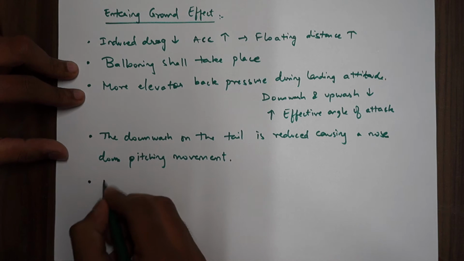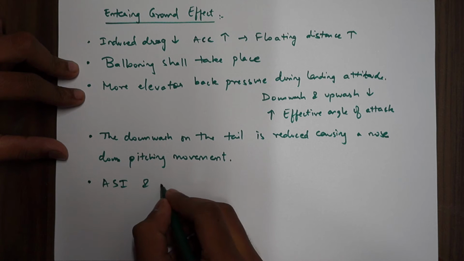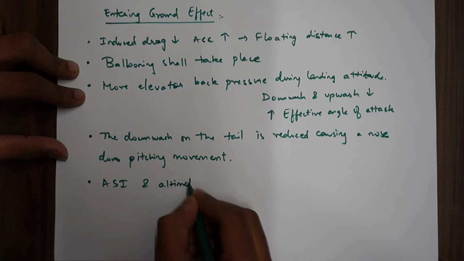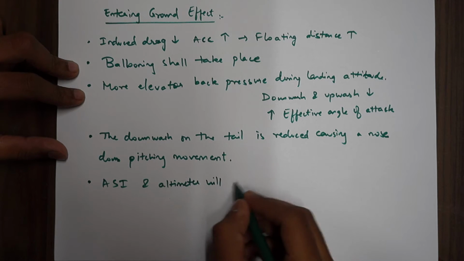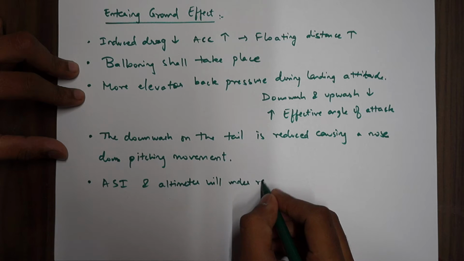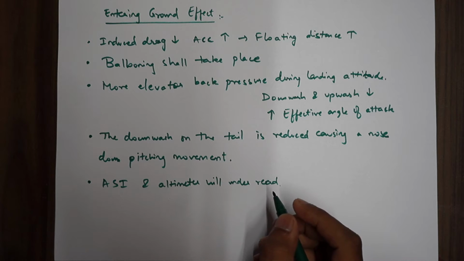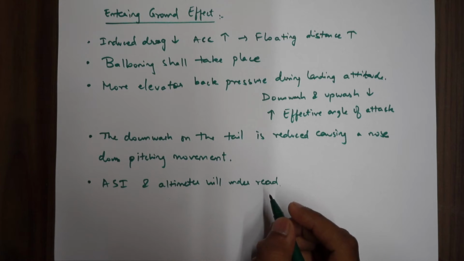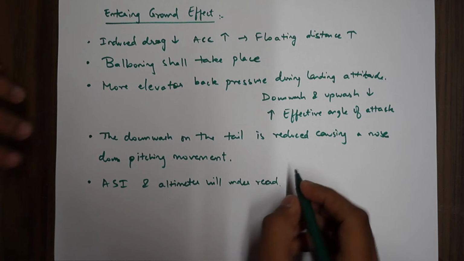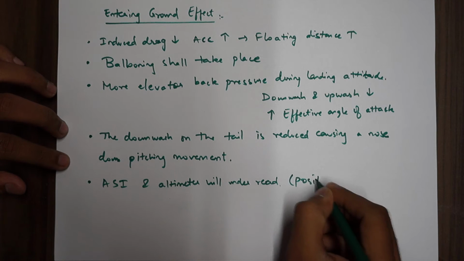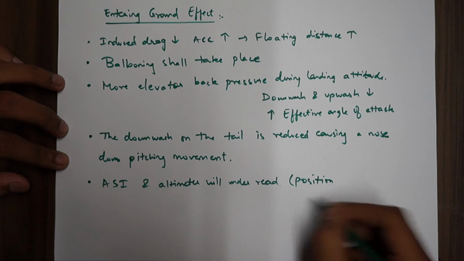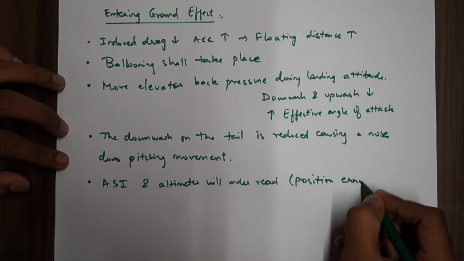The last point: the ASI and altimeter will under read. This is due to the changes in the flow field around the aircraft, which will give you a position error, because the airflow has changed around the vicinity of the aircraft.